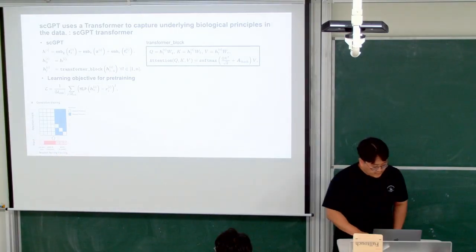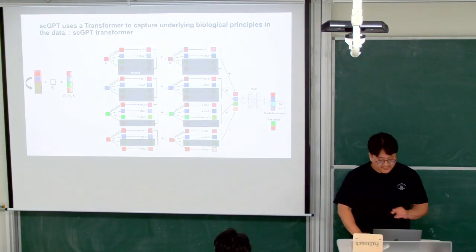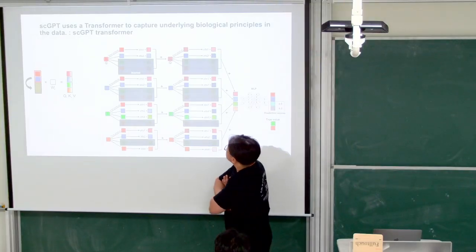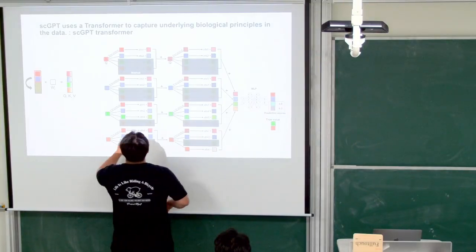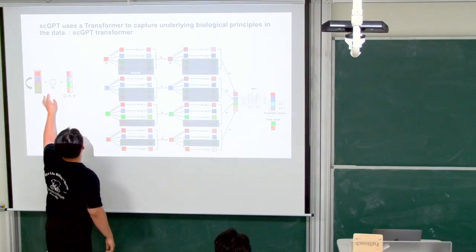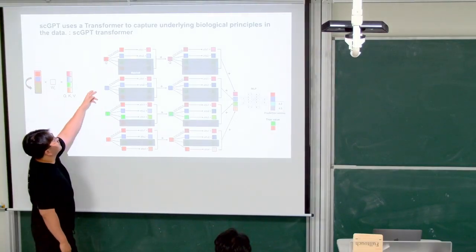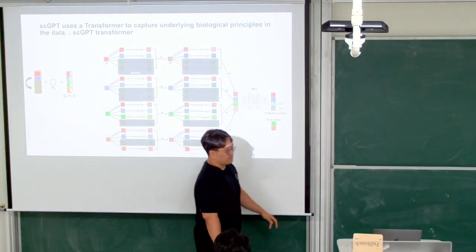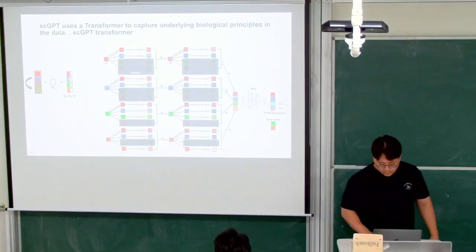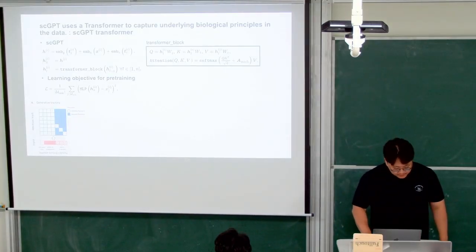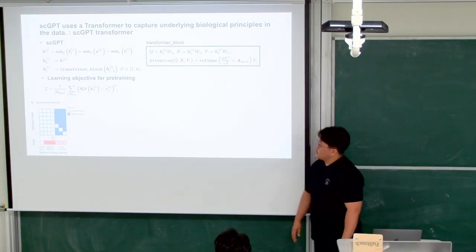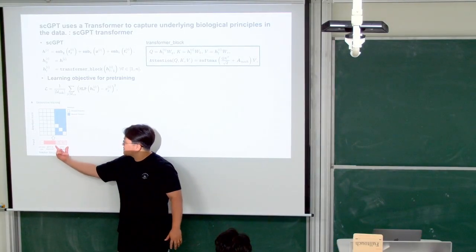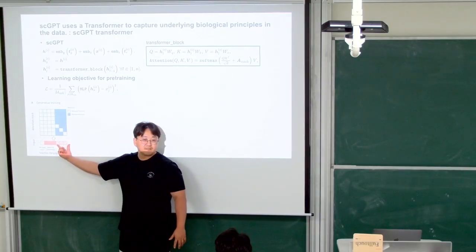We use this strategy so that we only use unmasked genes to infer the next state of the query. Here, as you can see, we mask these three genes.